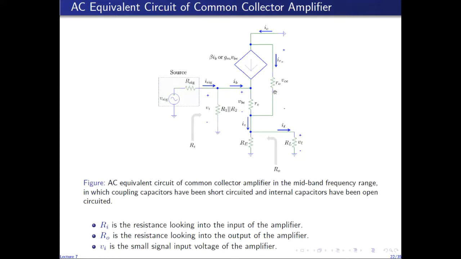But in this case, irrespective of whether you ignore R naught or not, this circuit is not unilateral because of Re. So we will measure the input resistance without any constraint of open circuiting the load RL. So we will measure Ri considering RL is connected to the output.